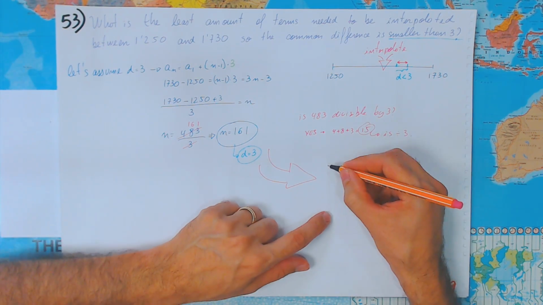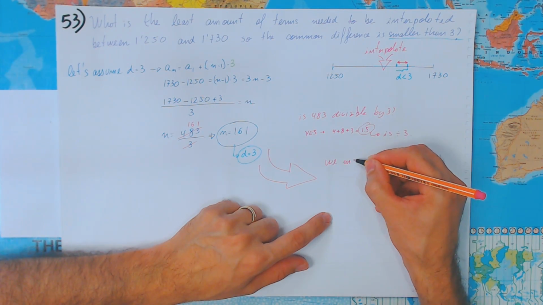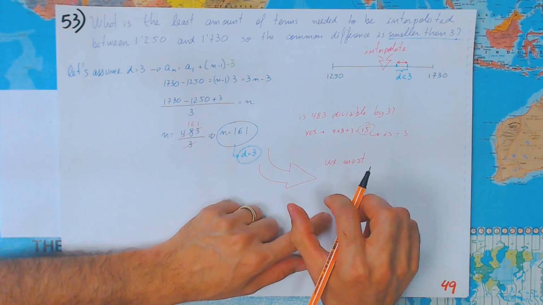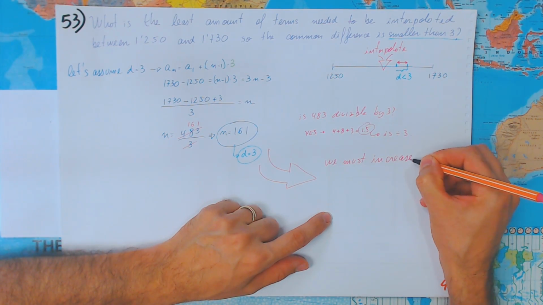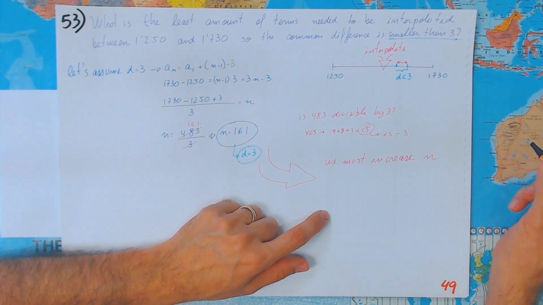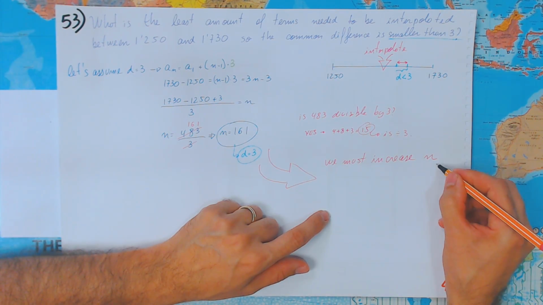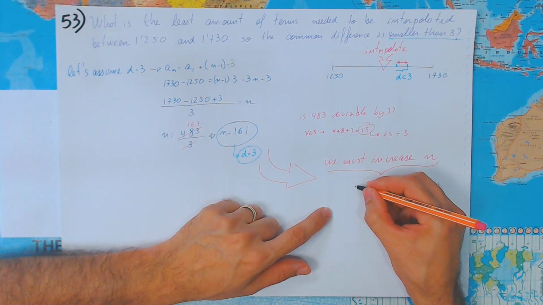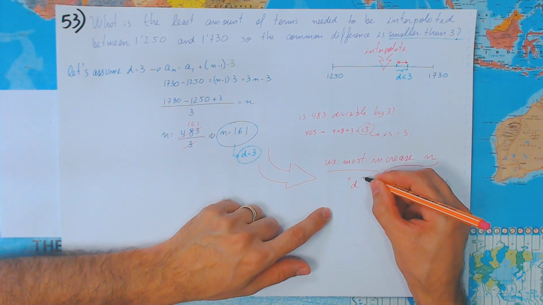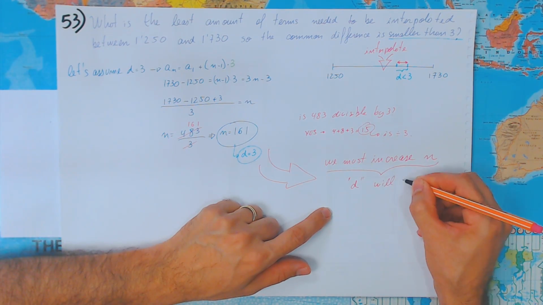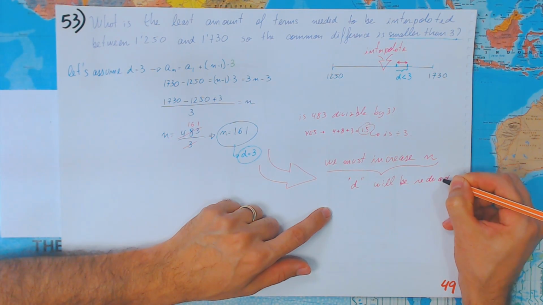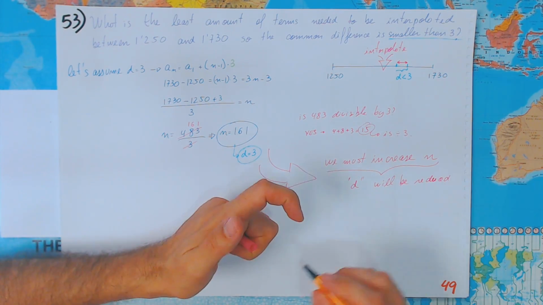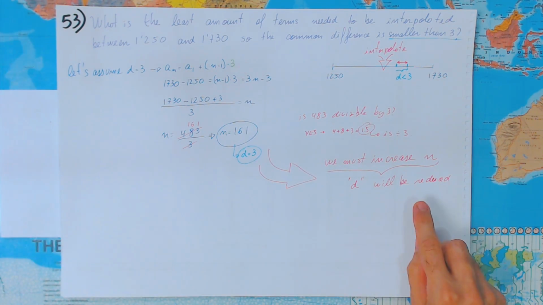So what should we do with n? We must increase n, right? By increasing n, d, our common difference, will be reduced.